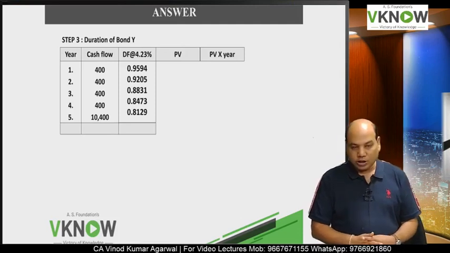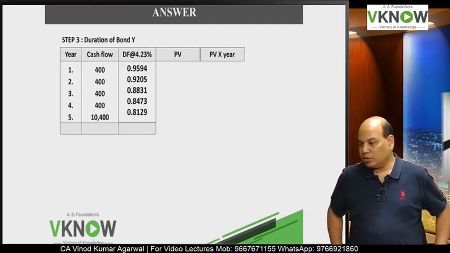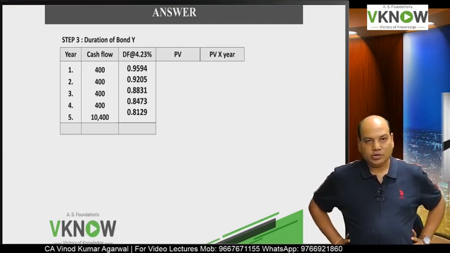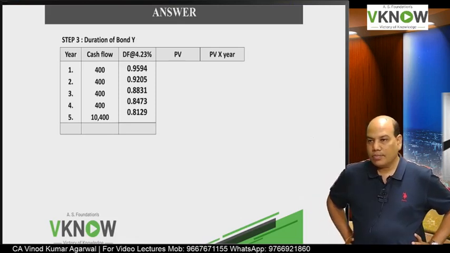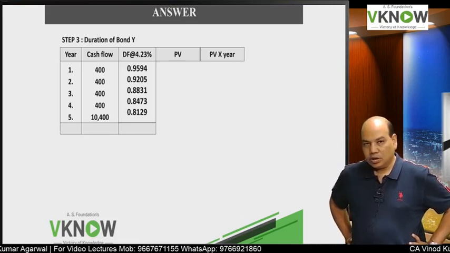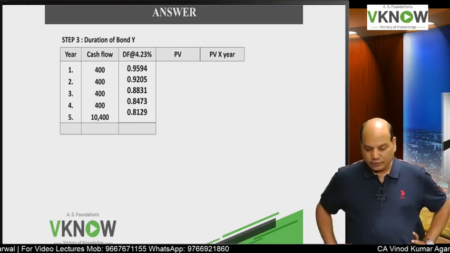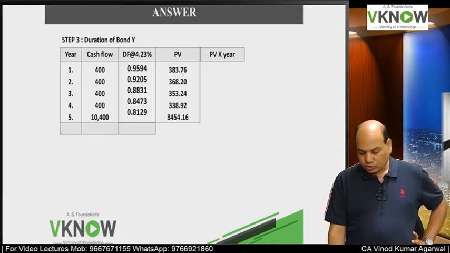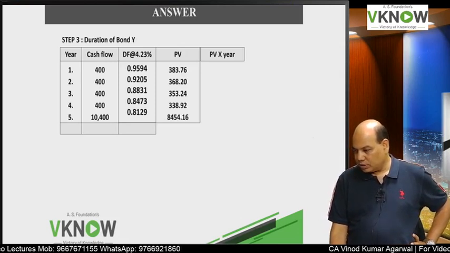And now you multiply cash flow and the PV factors. Use memory plus function, easy to take total. Both bonds have same YTM as per the question, but they will have different duration because their coupon rates are different. So tell me the total of this PV column. Anybody?